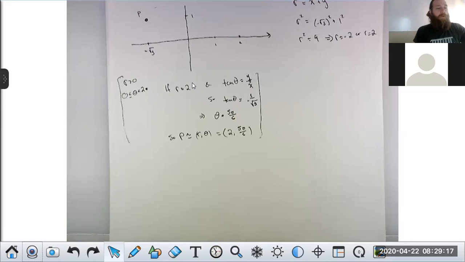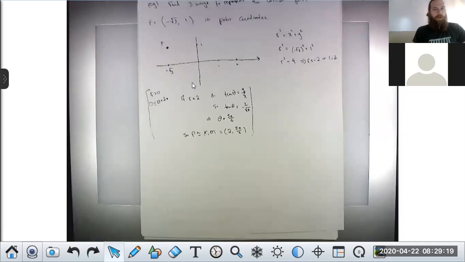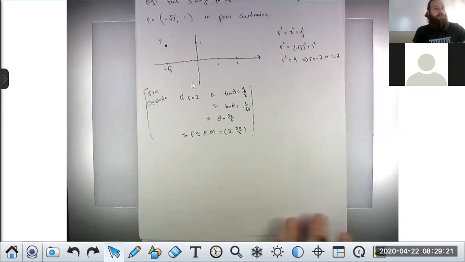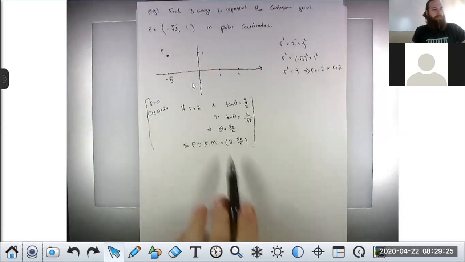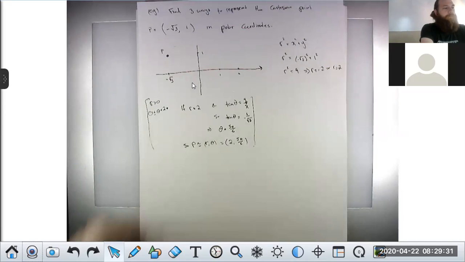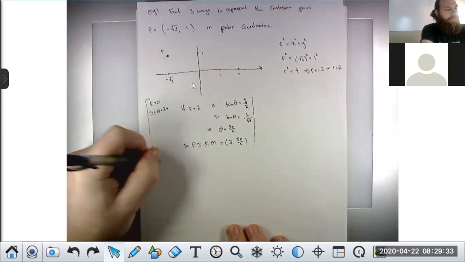But that's not the only way to represent this point, right? There's infinitely many ways to represent this point in polar coordinates, and I could get one infinite family from this set of coordinates just by adding multiples of 2 pi.